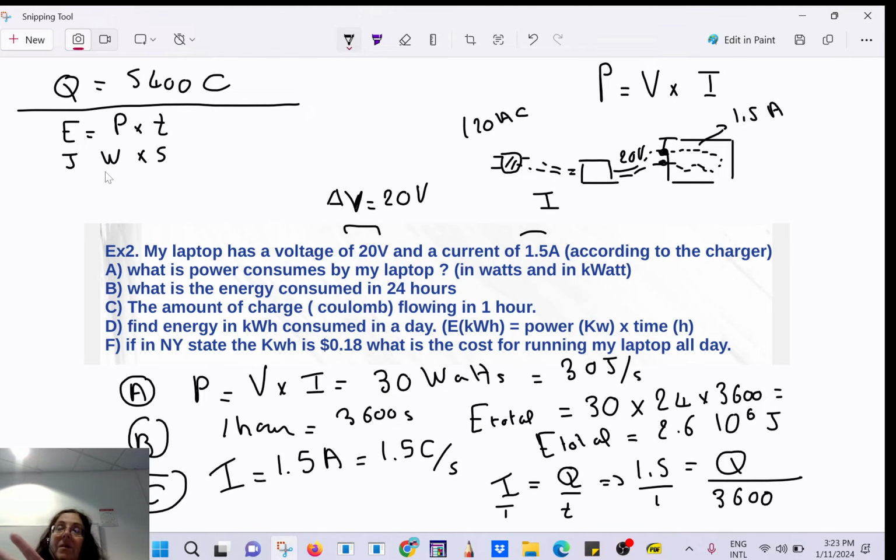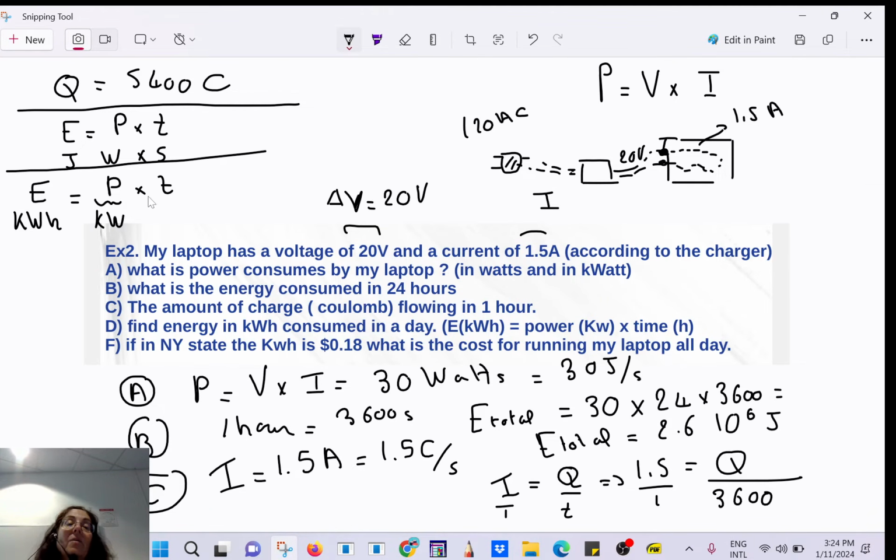Now I want the energy in another unit called kilowatt hour. If you look at your electric bill, they charge you for the amount of energy you consume in kilowatt hour. So you still have power and time, the equation does not change, but what's going to be the unit for power?